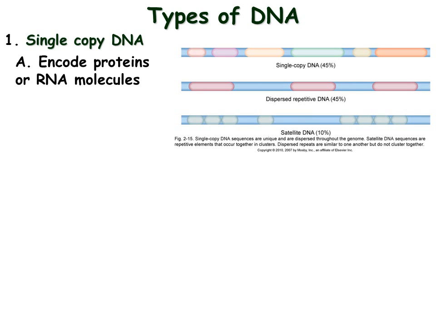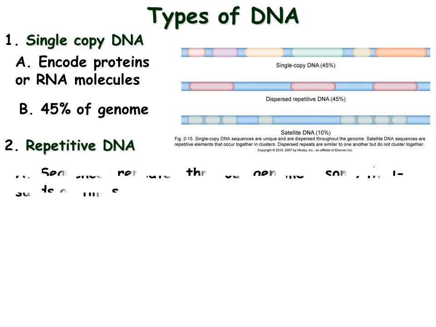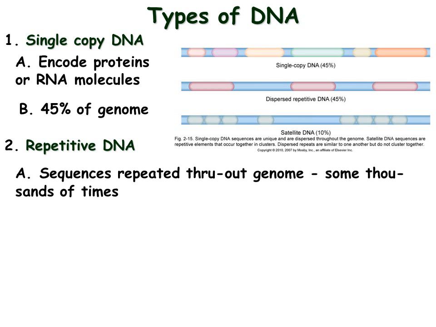This is what is encoding proteins or RNA molecules. As it says, only 45%. Repetitive DNA is just about everything else. Sequences are repeated throughout the genome on different chromosomes, and they're repeated thousands of times. More than half of our genome is these repeats.